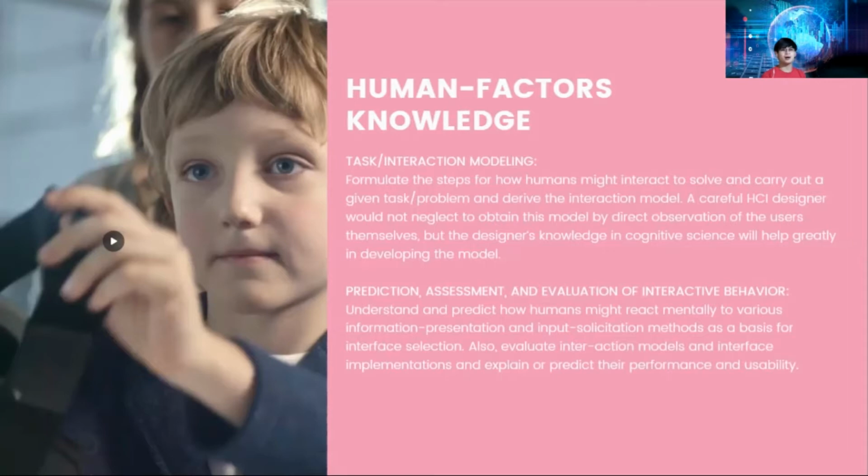And once the user clicks the login button, it should perform its function. So you need to know what the interactive behavior would be between the human, the user, and the system that you designed.